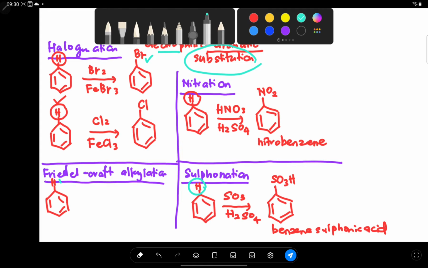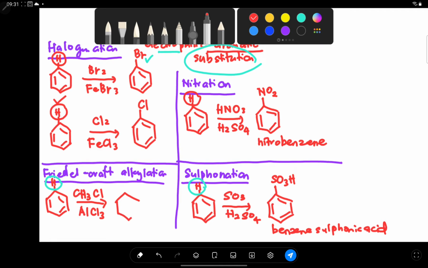What happened here is this hydrogen reacts with, for example, an R group which is methyl, CH3Cl, and the catalyst that we use is aluminium trichloride, because when here is chlorine, here also chlorine.